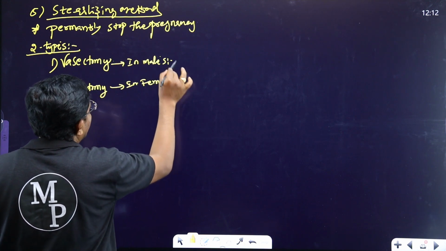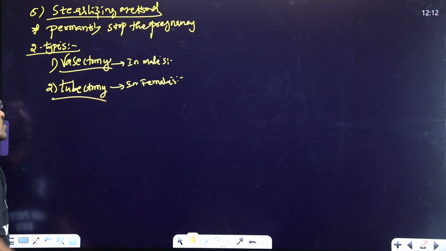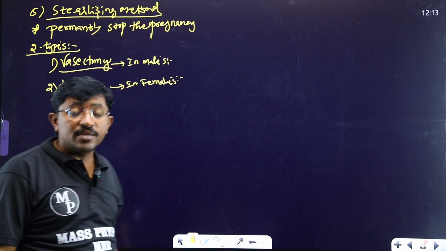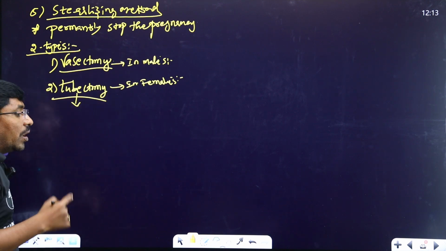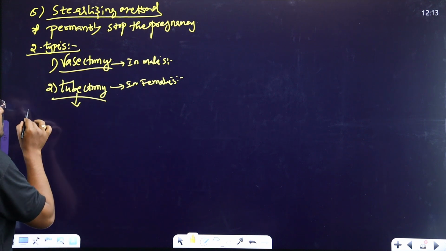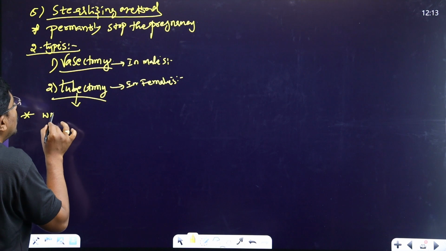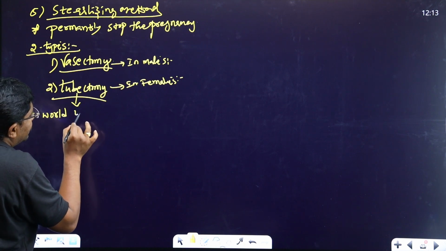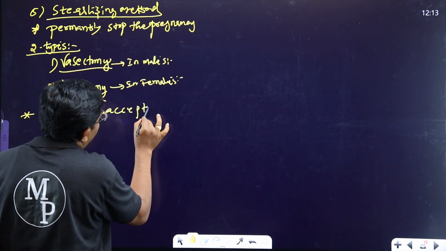Okay, vasectomy, tubectomy. In these two types of sterilizing methods, tubectomy is the worldwide accepted contraceptive method. Which contraceptive method is worldwide accepted?